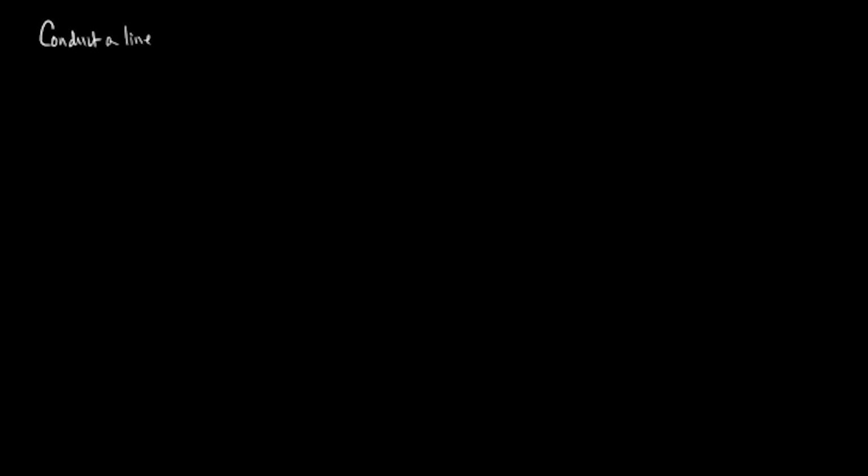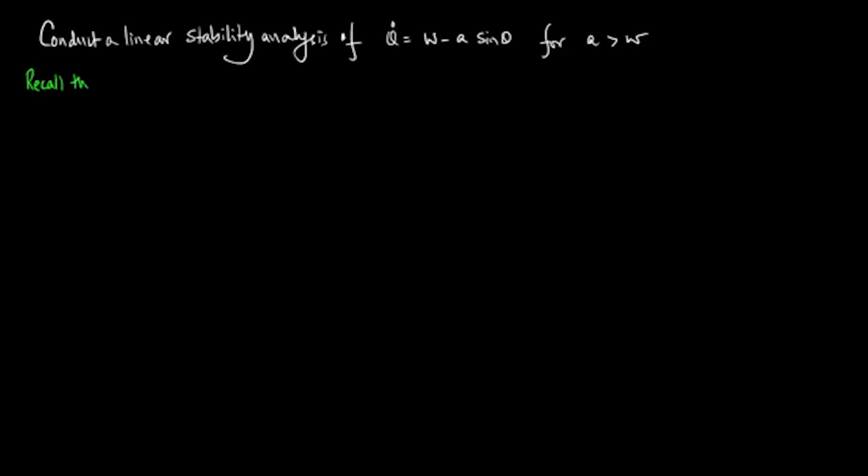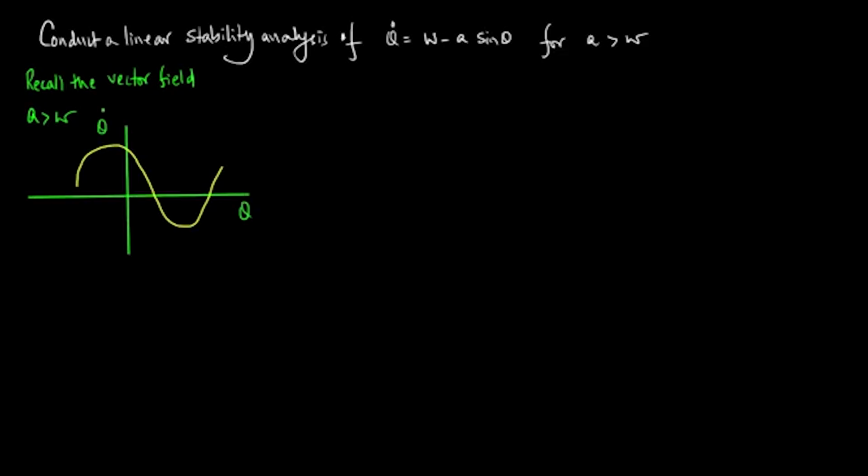So we conduct a linear stability analysis of theta dot is equal to omega minus a sine theta for a greater than omega. So let's recall the vector field for the case where a is greater than omega and plot theta dot versus theta. Remember that we had one unstable and one stable fixed point.